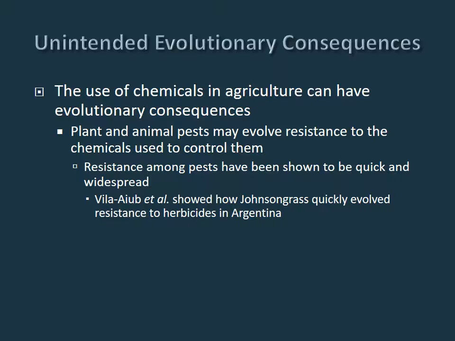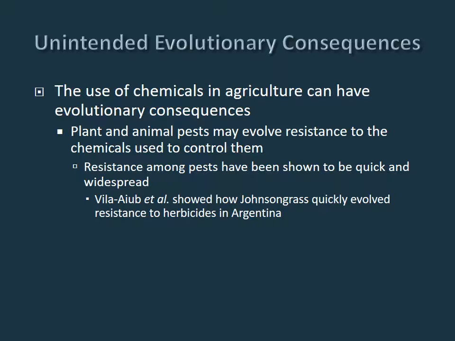And if those bugs are the only ones that survive out of, let's say, a huge field, and you spray it with this herbicide, and only the bugs that are resistant to it survive, then the next generation, all the offspring of those bugs are going to be resistant to that herbicide.